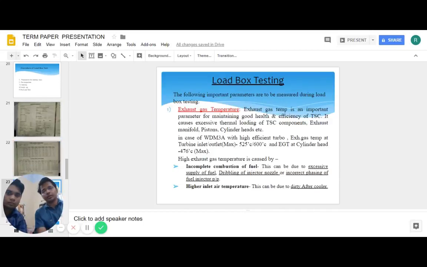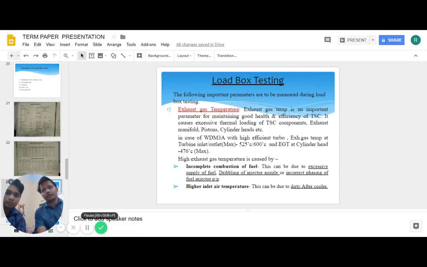Now, the various performance parameters that are to be taken care of while we perform the load box testing, some of them being exhaust gas temperature. The ideal range for the exhaust gas temperature is 525 degrees centigrade to 600.